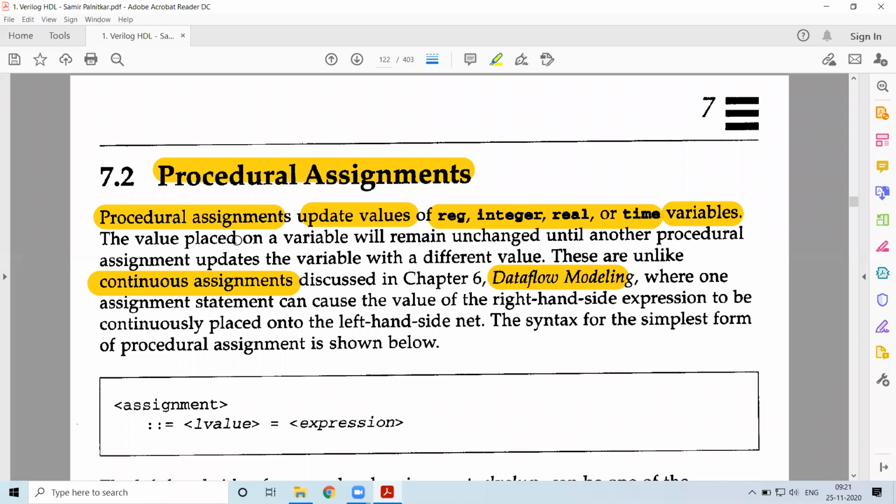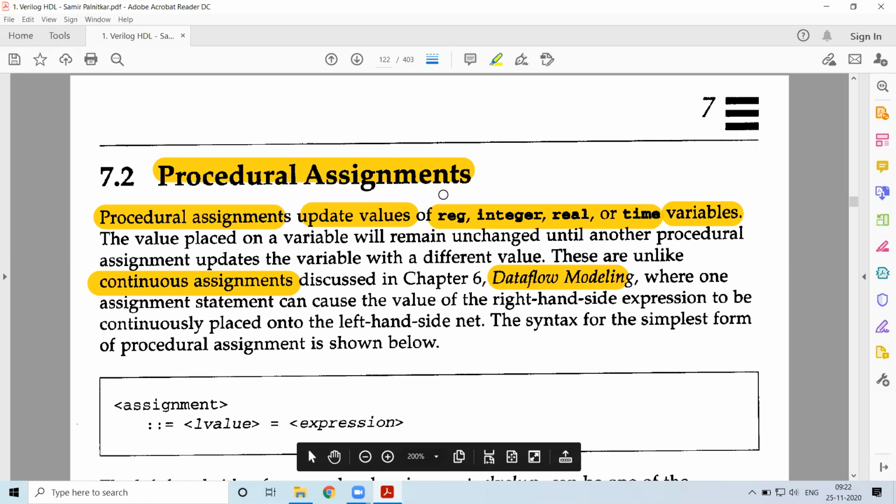In a continuous assignment statement, if you remember, you have one statement specified, say A is equal to B plus C. Now A's value will be changed whenever any one of the parameters, B or C, changes its value in the entire life of the code. That is what is happening in data flow modeling.